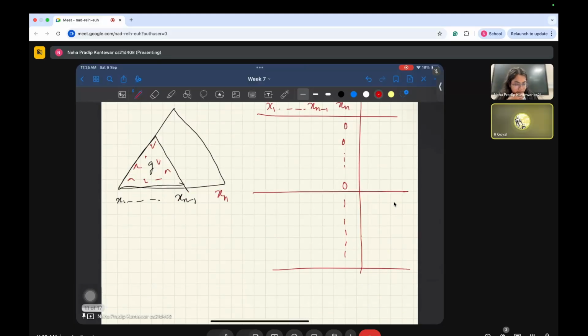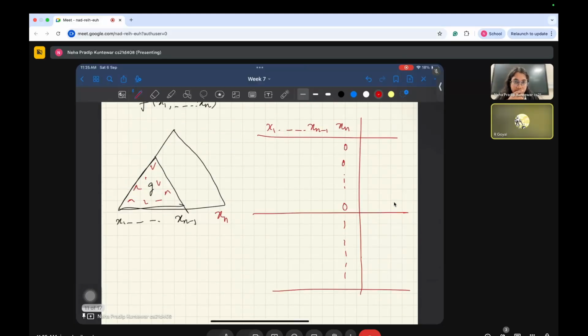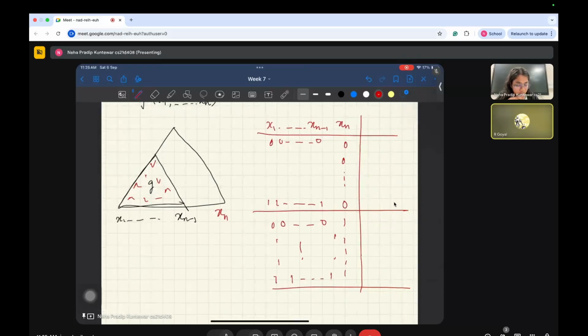I mean that we are comparing the xn with the yn. You have not written the values of the yn in this table. I would be comparing, say, the value of xn being 0 and the value of yn also 0, one possibility. Other could be 0 1, 1 0 and then 1 1.